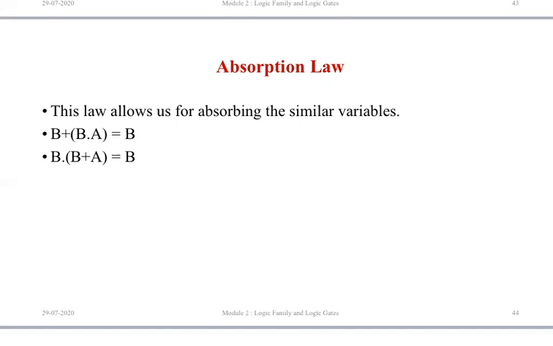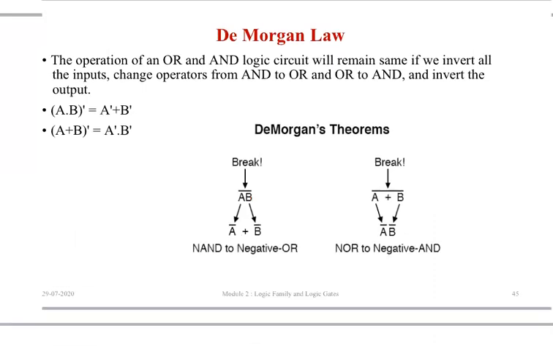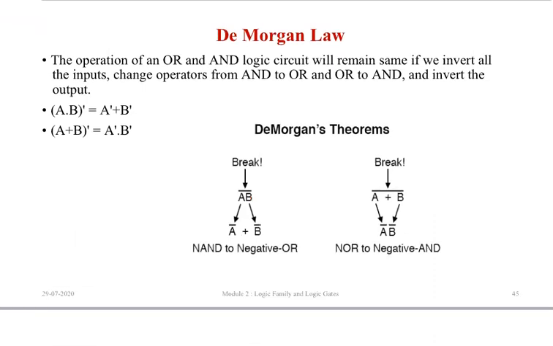Next comes the last one, De Morgan's law. So what is De Morgan's law? A 2 marks question might come. So for De Morgan's law, you write down the statement of the theorem.